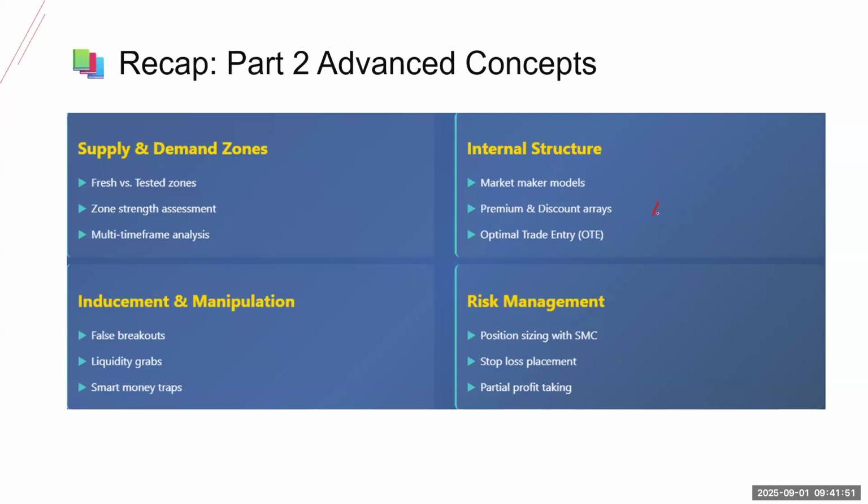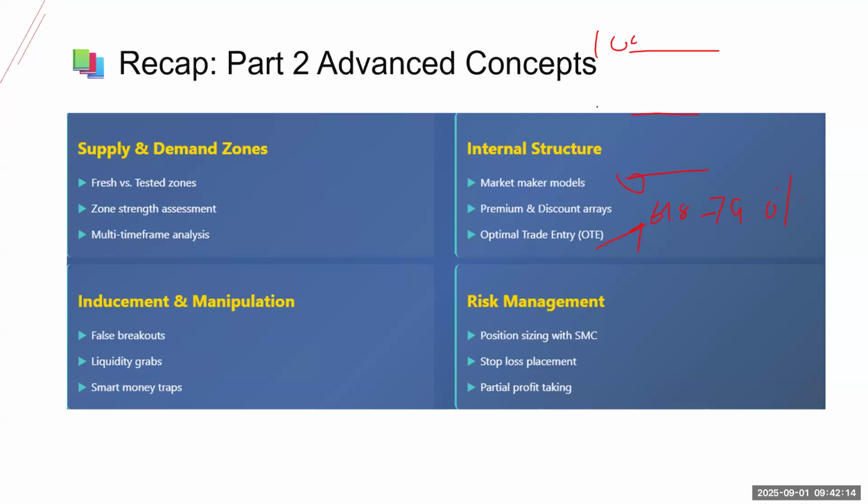They can use 61.8 to 79% Fibonacci for the OTE. Premium and discount, they're gonna have 100%, 50, and 0, something like that.